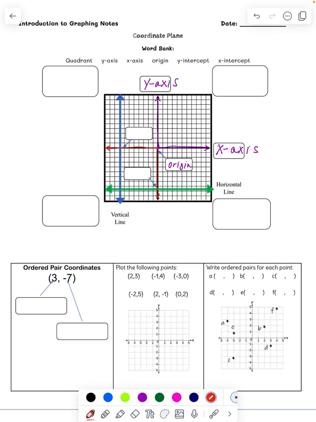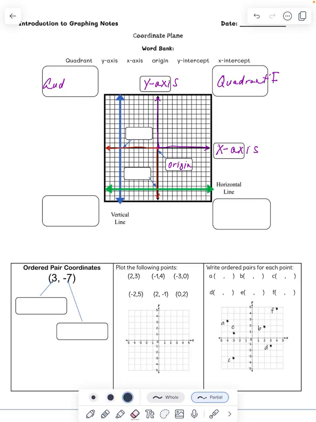Now, they split up your coordinate plane into 4 quadrants. So this is quadrant 1. This is quadrant 2.